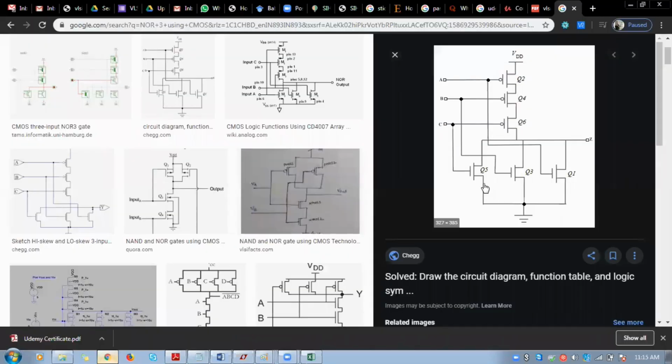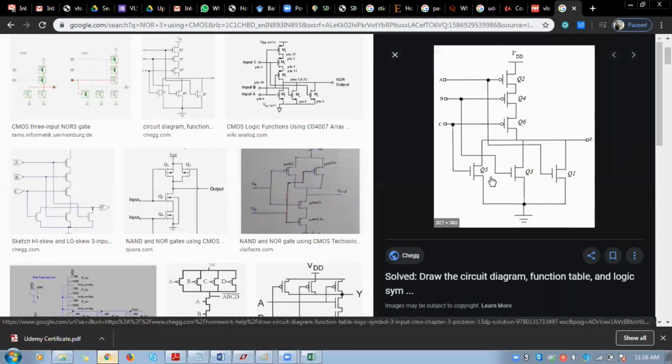Now see this NOR3 structure. You have 3 NMOSs connected in parallel and 3 PMOSs connected in series. While considering NMOS, you have only a single stage because all the NMOSs are connected in parallel. The base K value of the NMOS is 1, so it has to be multiplied with the number of stages, that is 1. So 1 into 1.